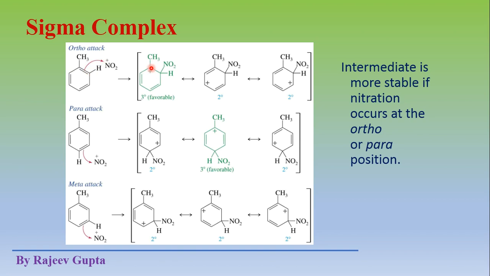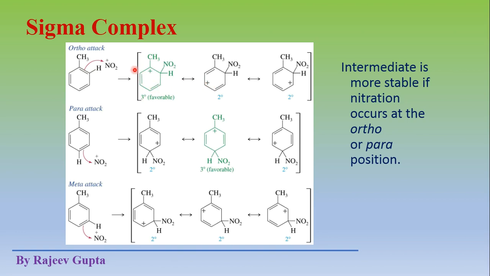This is also called the ipso position, where a substituent is already present on this benzene ring. So the positive charge comes on this position. See, this is the sigma complex, which is resonance stabilized due to conjugation with these two pi bonds.